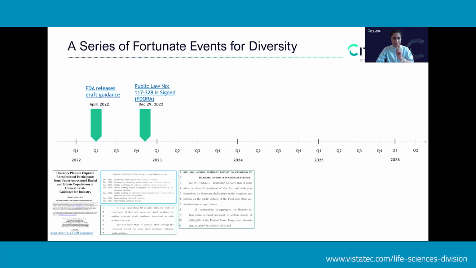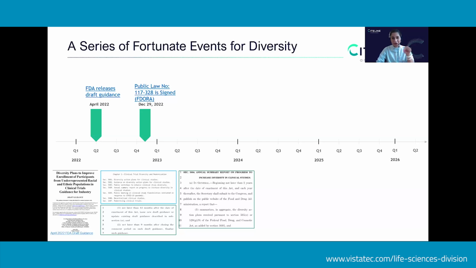The pressure came once Biden signed that into law at the end of 2022. Under this law, sponsors will be required to submit diversity action plans for phase 3 or the pivotal studies. These provisions build upon the 2022 FDA draft guidance.